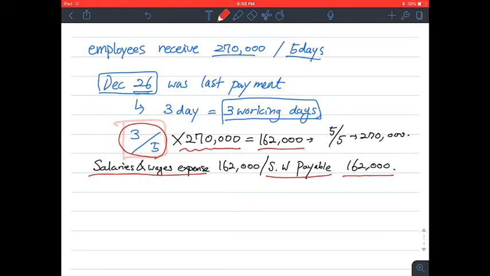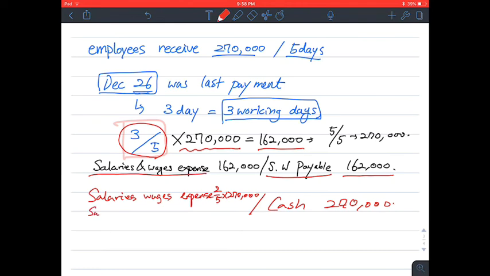So then we can cancel salaries and wages payable, and for example, cash $270,000, salaries and wages expense by how much? 2/5, and salaries and wages payable by $162,000.